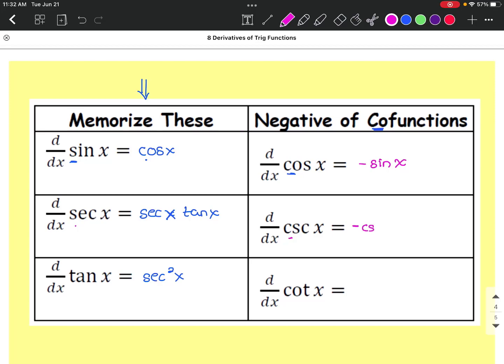Secant becomes cosecant x, and tangent becomes cotangent x. And if I want to change the derivative of tangent to the derivative of cotangent, I negate it, and secant squared becomes cosecant squared x. And then, of course, there's always the option, just know all 6 derivatives. Sometimes that's just easier. Whatever works best for you, that's what you want to do.